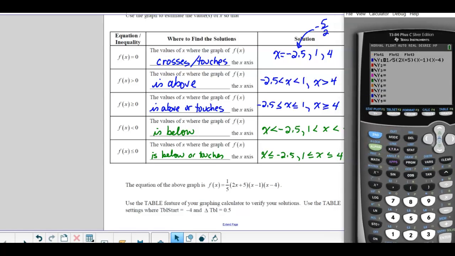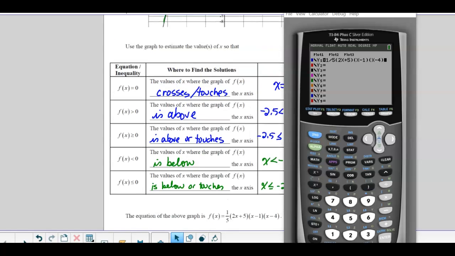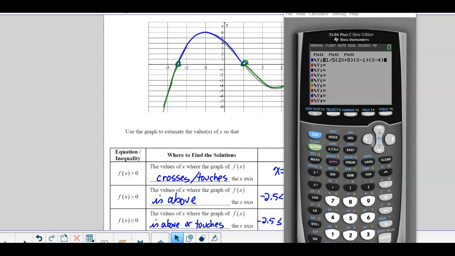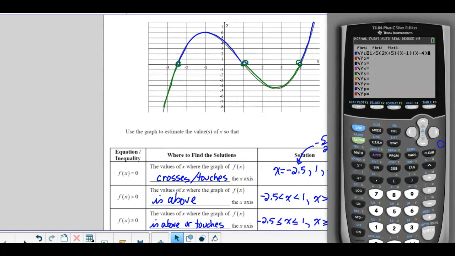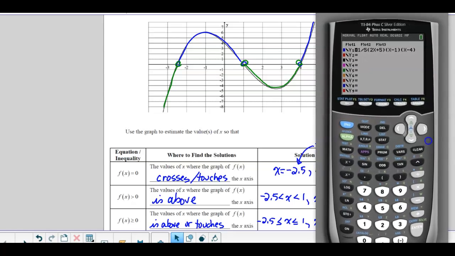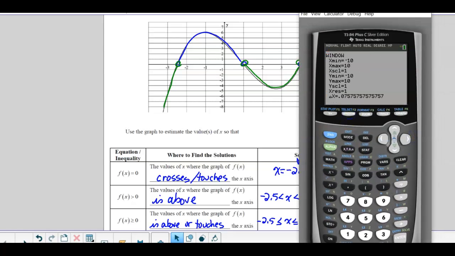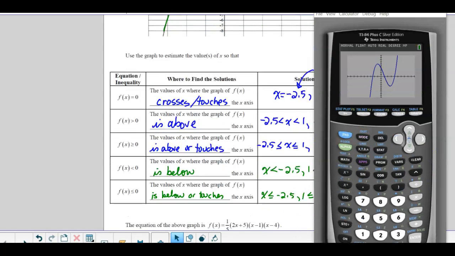Let's see, what was the window on this graph? It went from -4 to +5, basically, -9 to 8. So for the window, we can just use your standard screen. Now, the table feature.